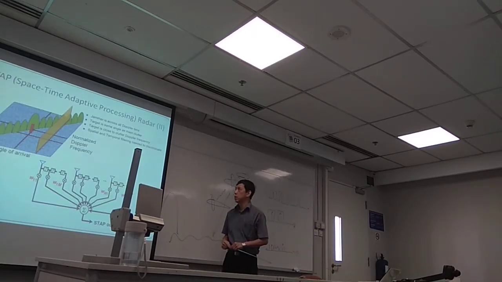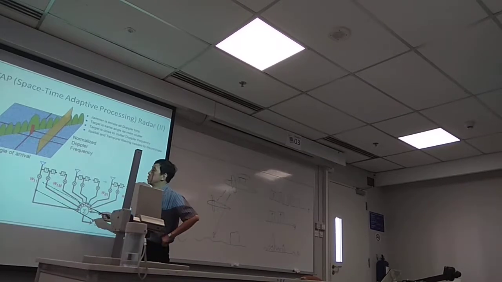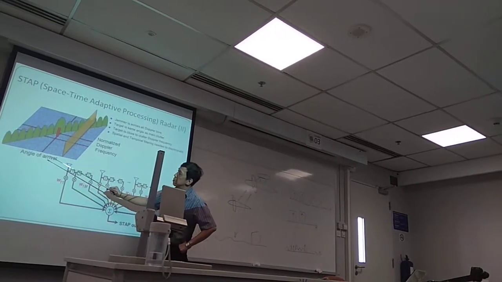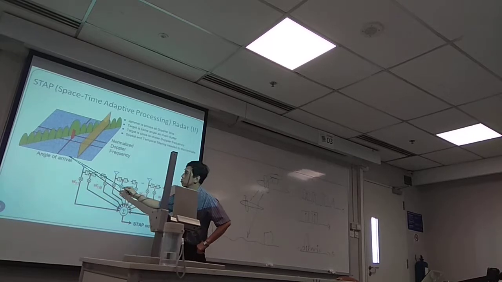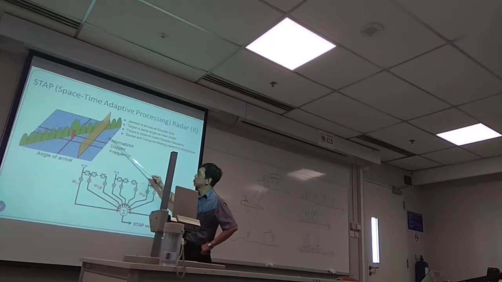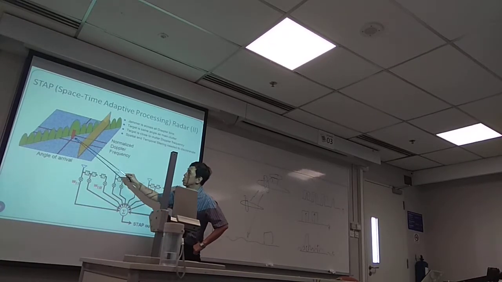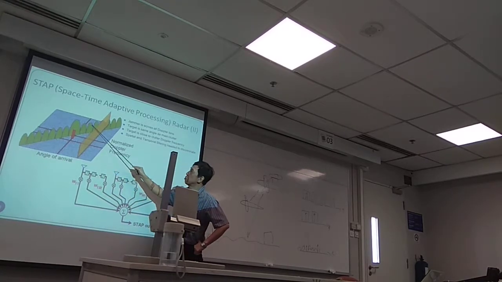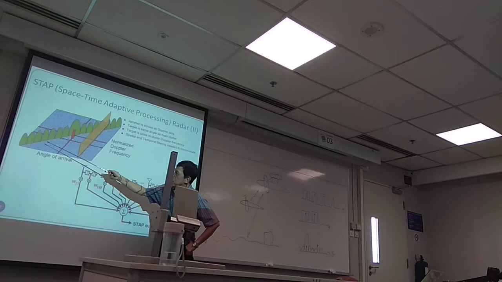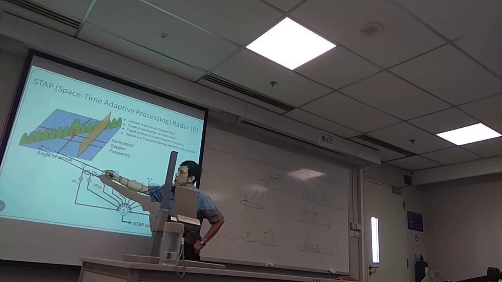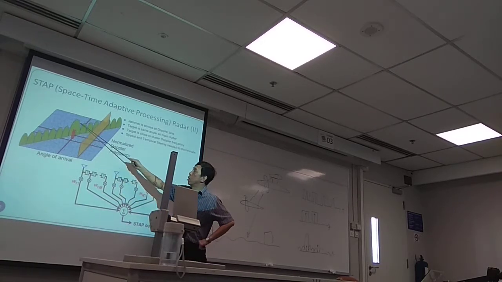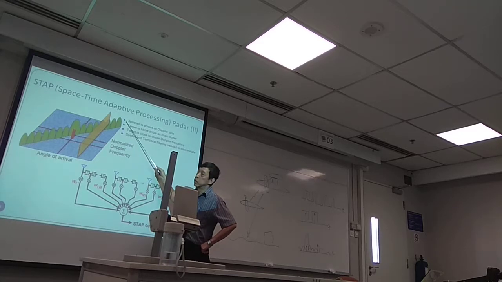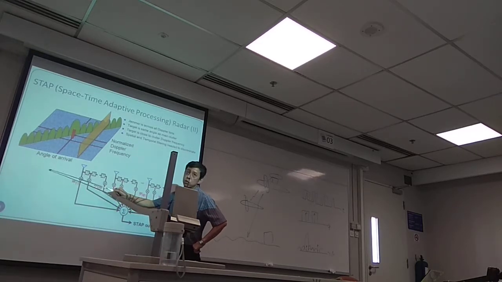Right. So here we have a 3D plot. This corresponds to angle of arrival, and this corresponds to your Doppler frequency. So this may be your target. Now the return due to your terrain, which in this case is your clutter signal, may give you briefly the shape of your array beam pattern in your spatial domain.